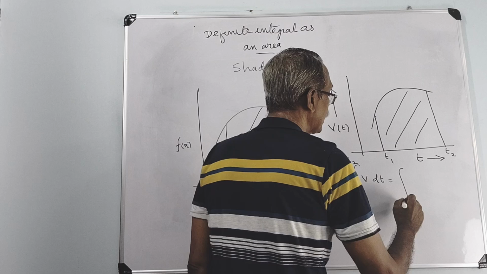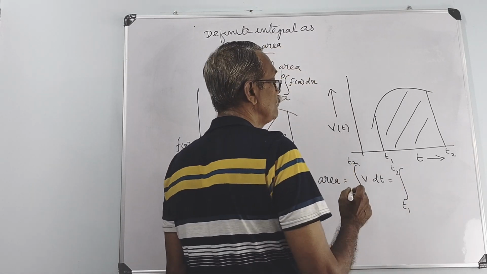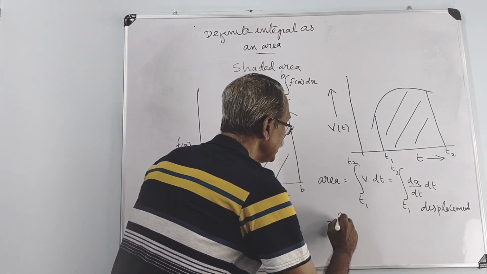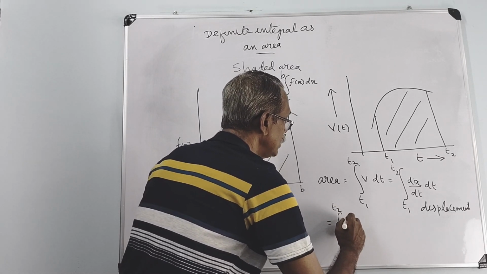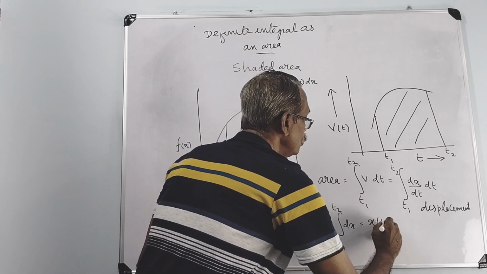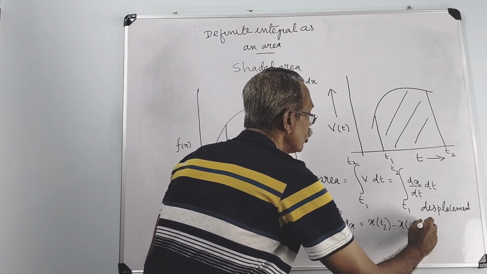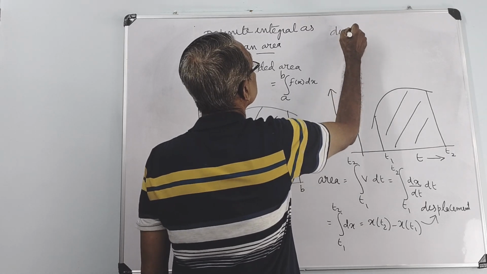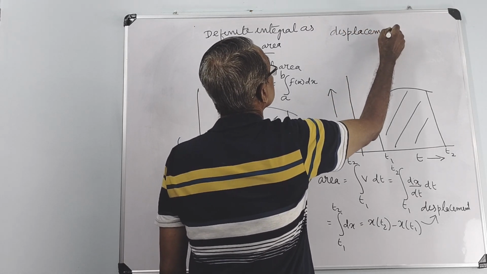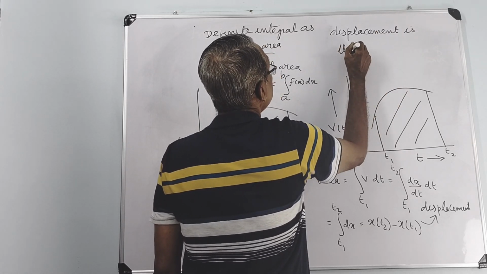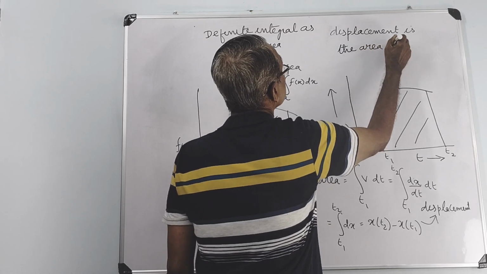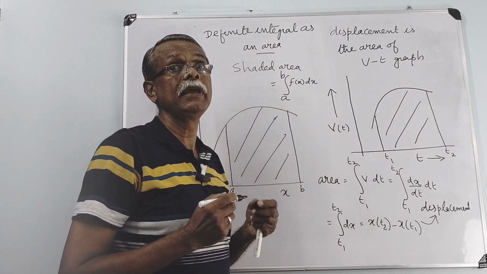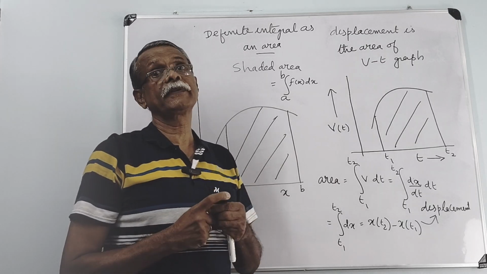This is equal to the integral t1 to t2 dx/dt dt, and this is equal to the integral t1 to t2 dx, that is equal to x(t2) minus x(t1). We know that this is the displacement. So we have: displacement is the area of the velocity-time graph.